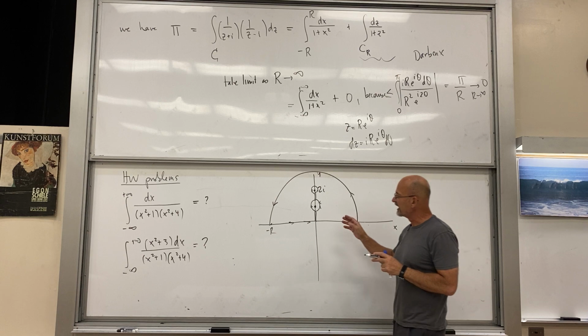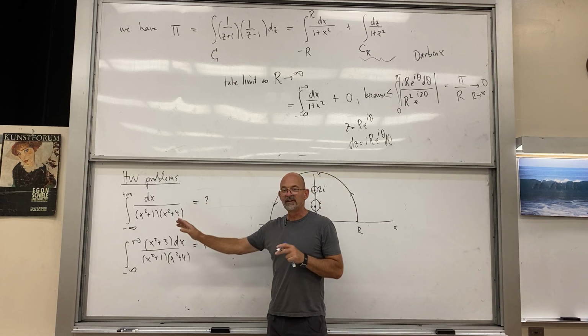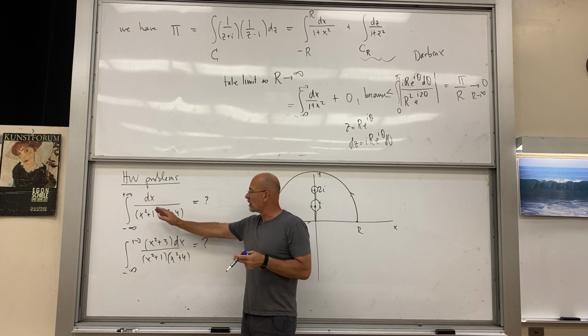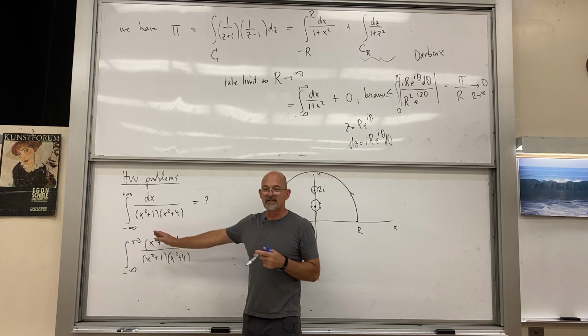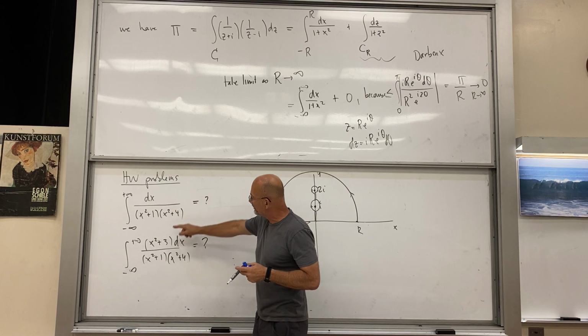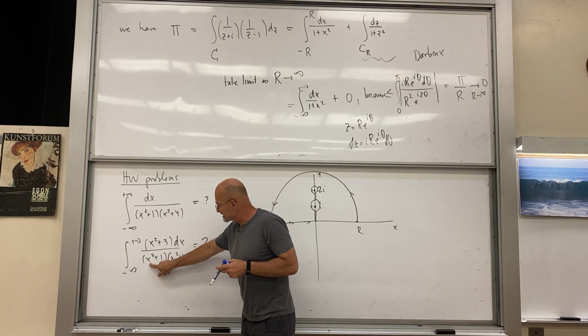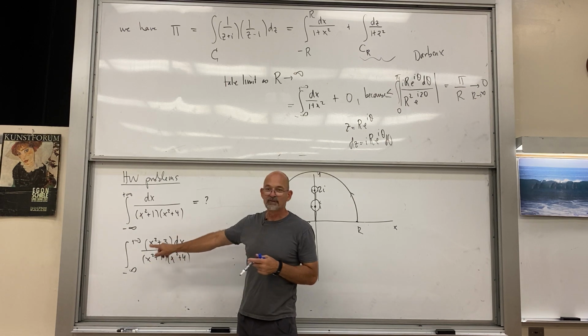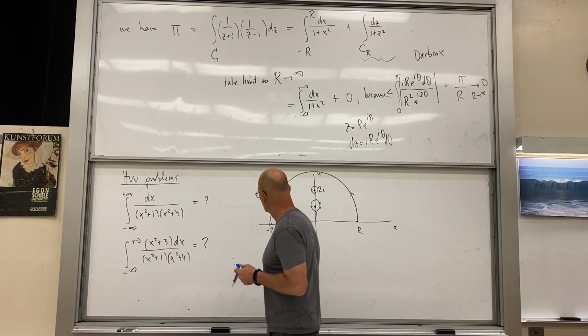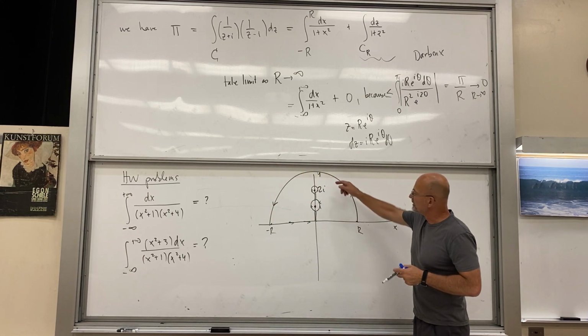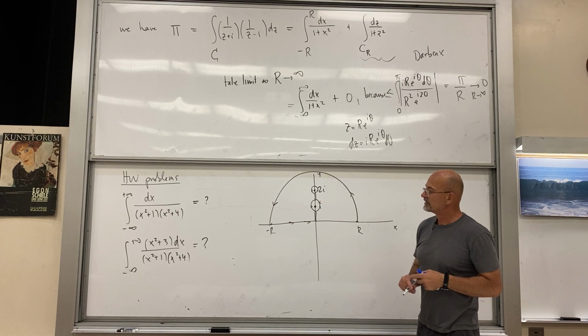With this technique, it could get more and more tedious, but you could construct a great number of integrals of this type, as long as you have 2 powers of x more in the denominator than in the numerator. So i and 2i. That's how you do those.